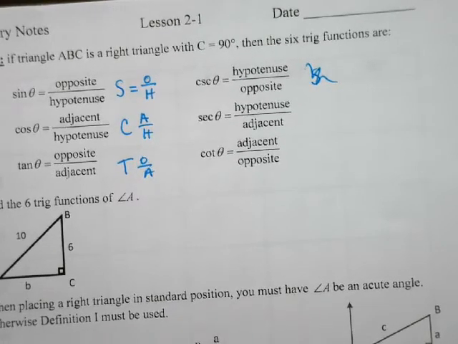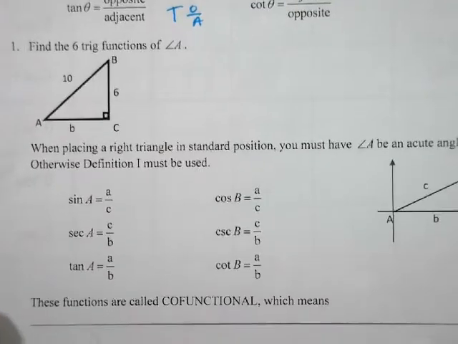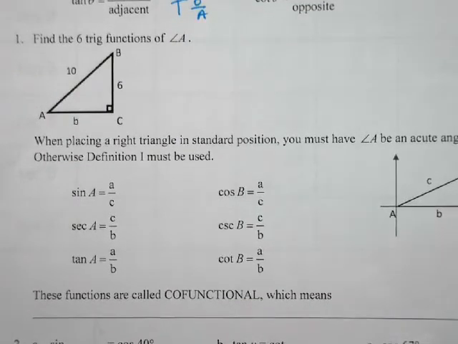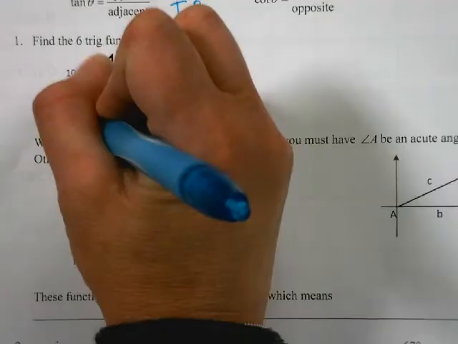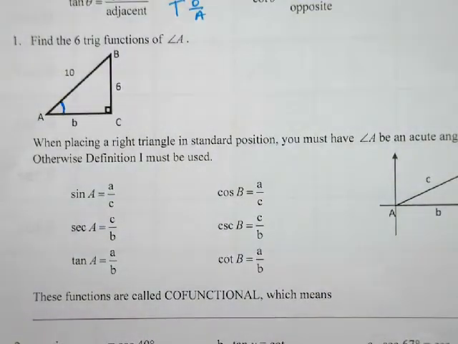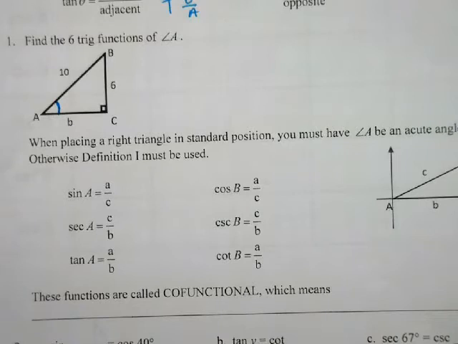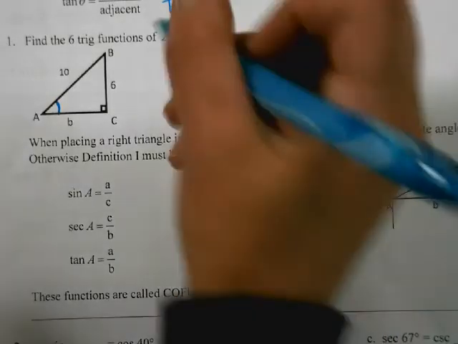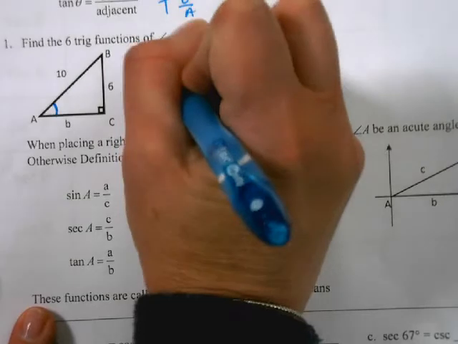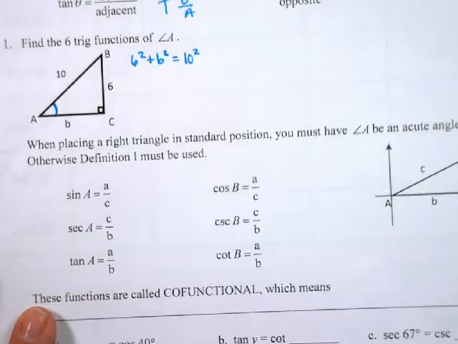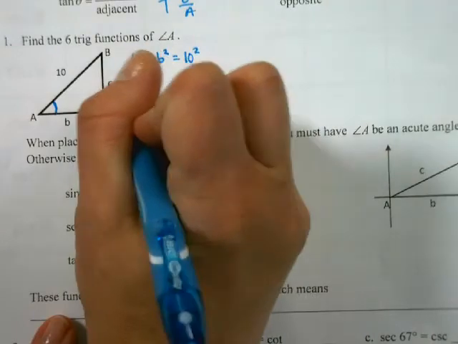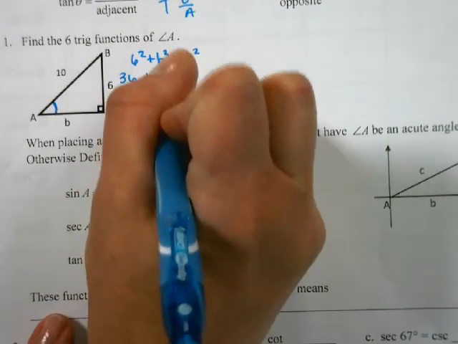Okay, so let's look here at number 1. Number 1 says, find the 6 trig functions of angle A. Okay, so if I sit here at angle A, I can do my opposite, adjacent, and hypotenuse. But what else do we need before we can even start? We gotta find B, right? And how do we find B? Pythagorean theorem. Okay, here we go. 6 squared plus B squared is 10 squared. 36 plus B squared is 100.